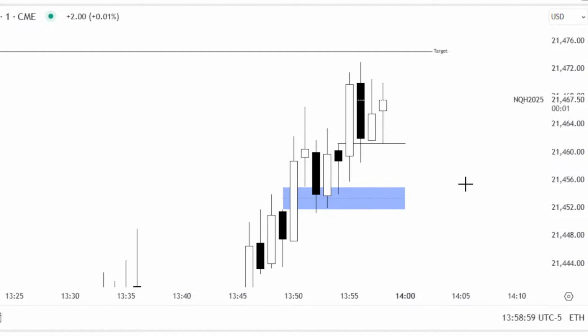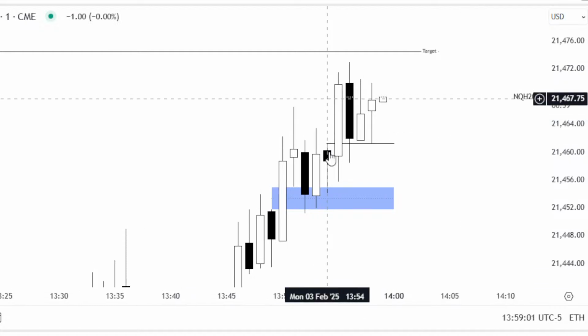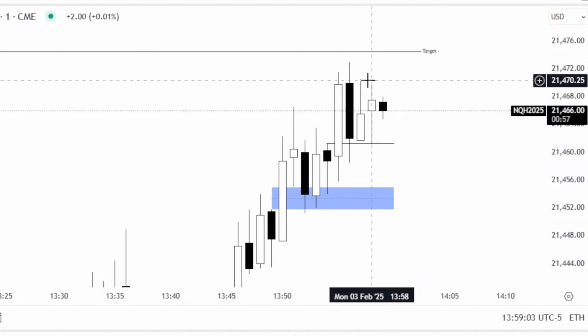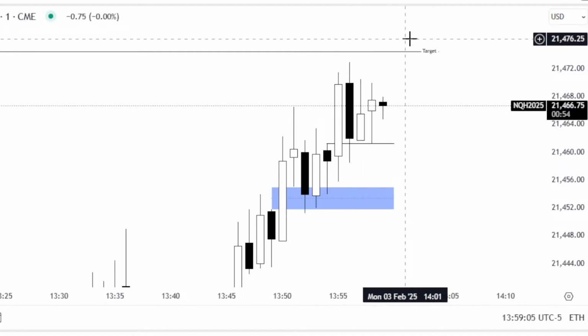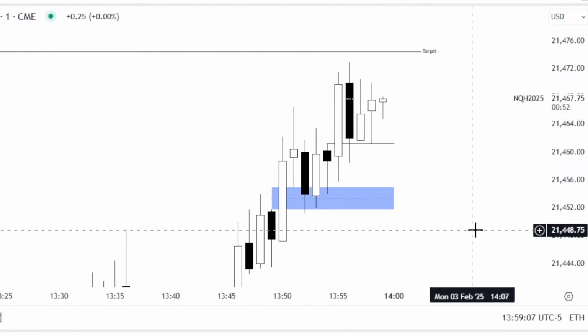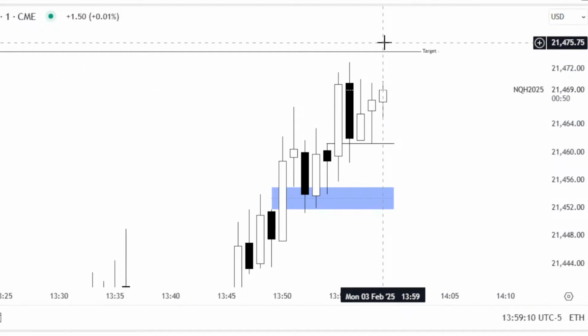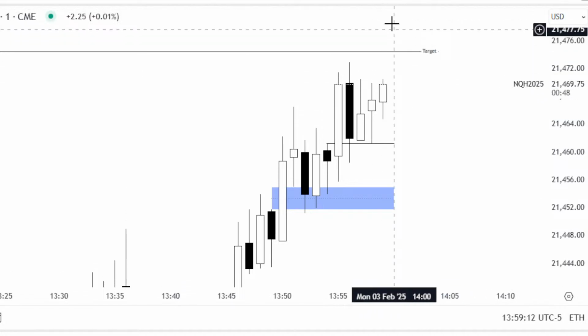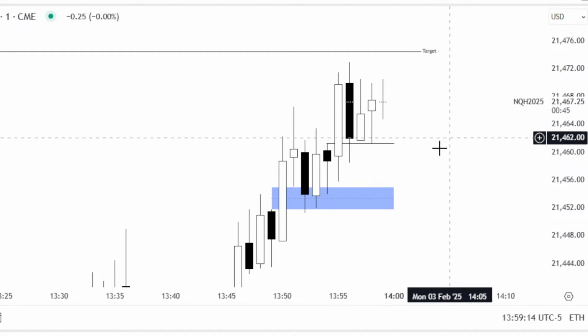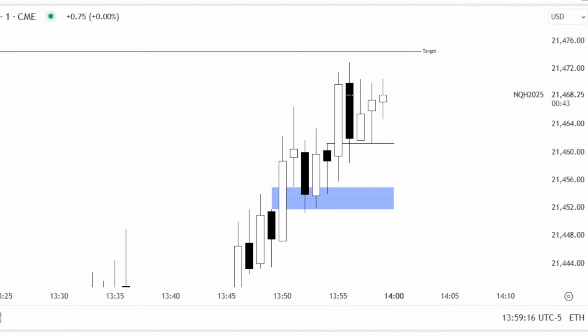I think we're going sideways here, and we might see that spike up through that target and then reverse. Be nice if it's a nice solid candle, leaving a fair value gap that gets inverted, then that would be a nice entry to go short.